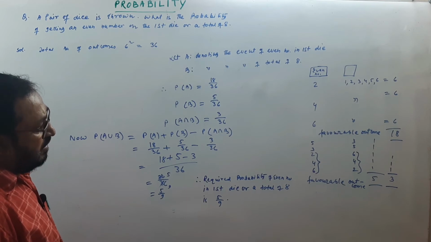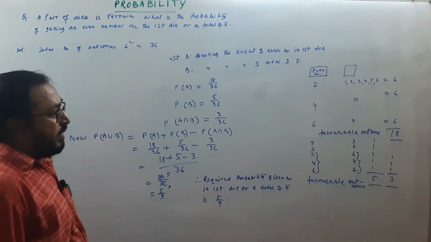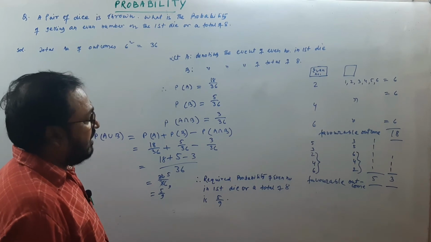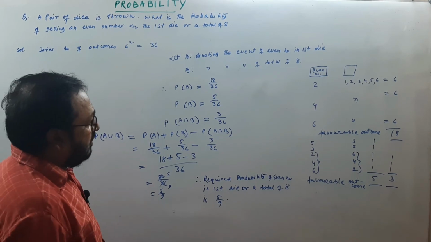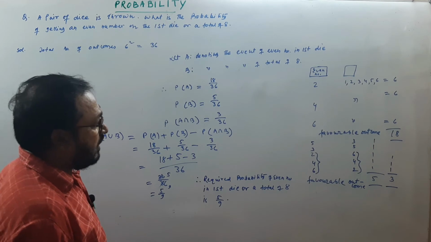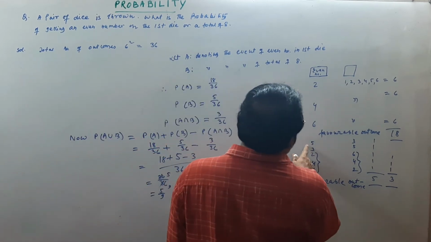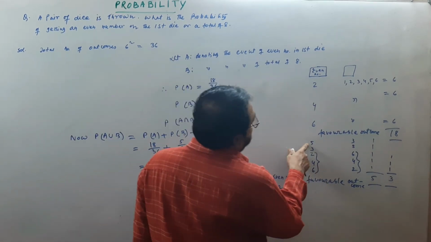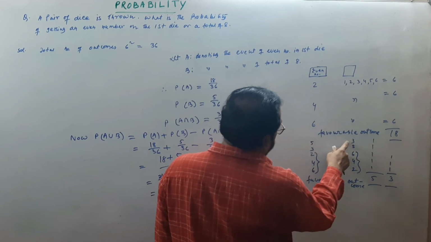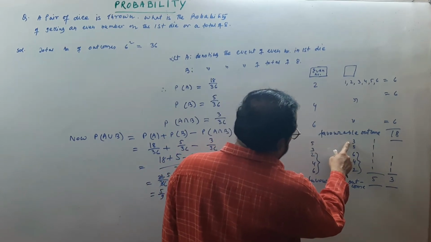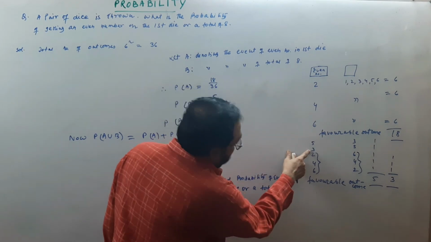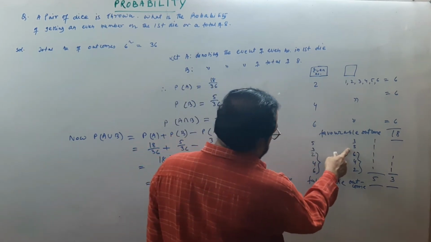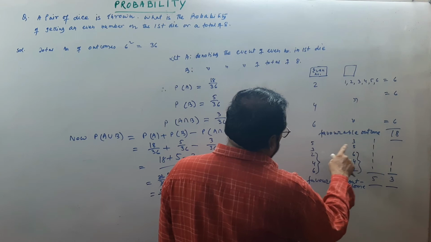And also PB, PB denoting the total of 8. Now you have to see the number of outcomes favorable to the event B. If it starts from 5, then in the second die it must be 3 to become 8. And if 3 occurs in the first die, then in the second die 5 must occur, then the total would be 8.